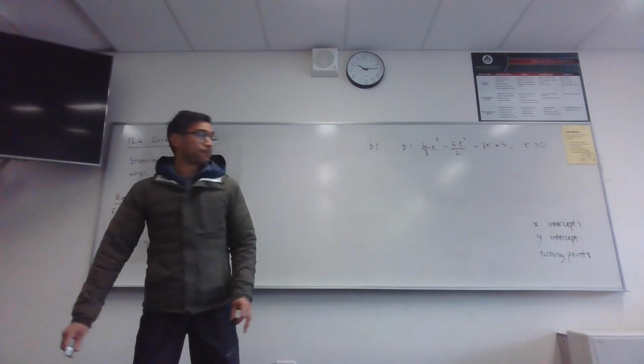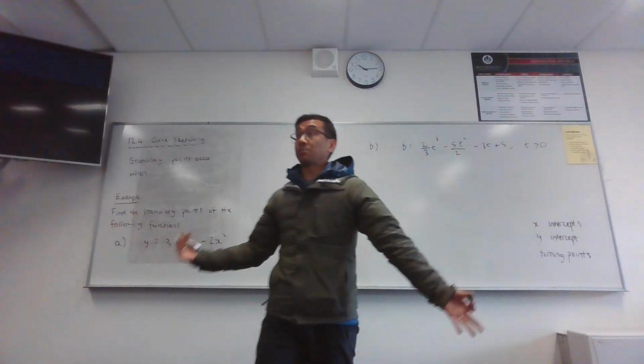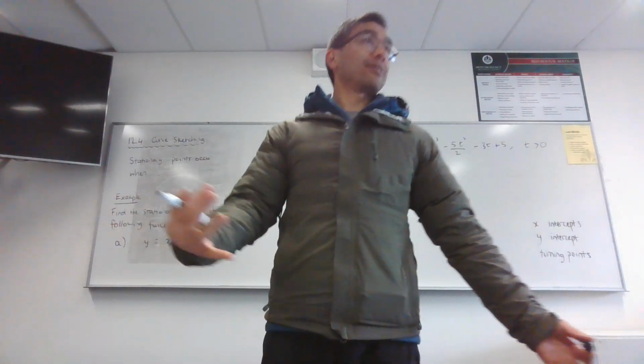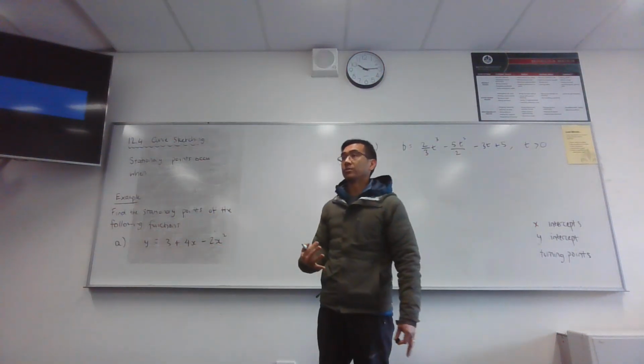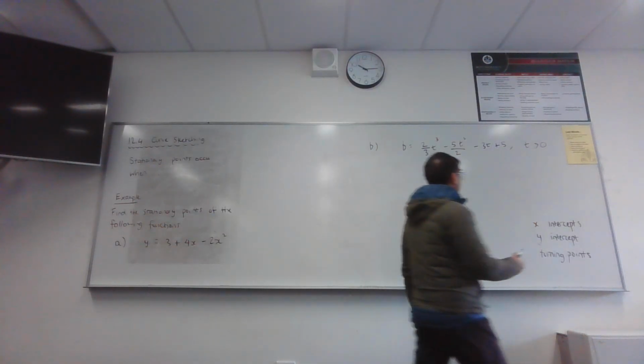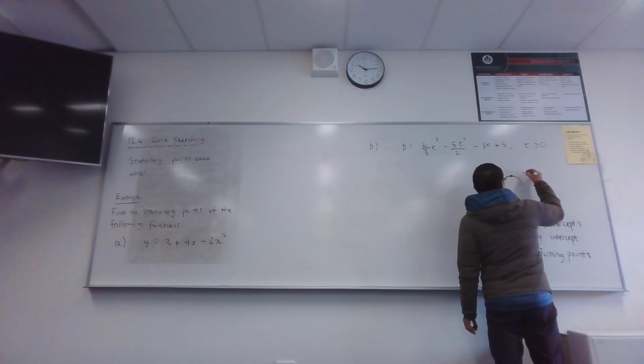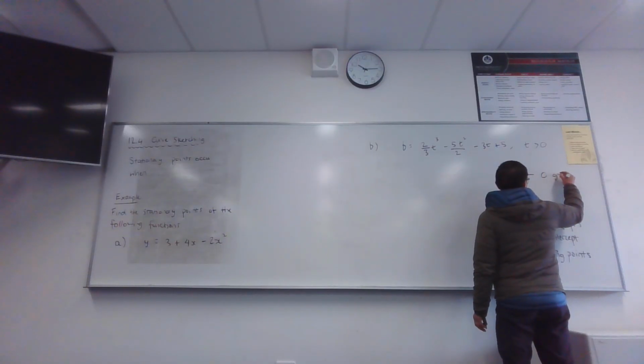A turning point. What is special mathematically about a turning point? Zero gradient. Zero gradient. So this is a turn. You're on the hill. Okay, right there is a zero gradient.